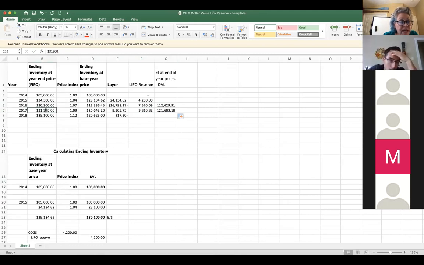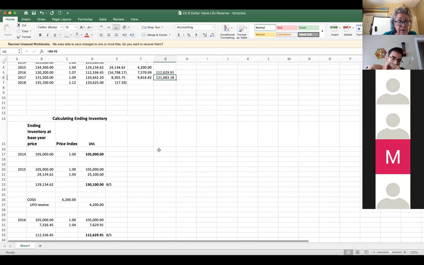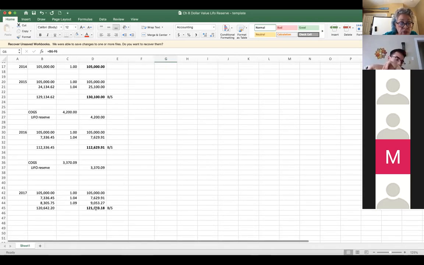Notice that when I take the 131,500 and subtract the ending balance of my LIFO reserve, I get what's reported on the balance sheet, 121,683.18, which equals what I want to report.